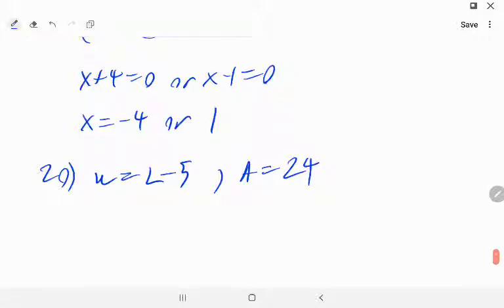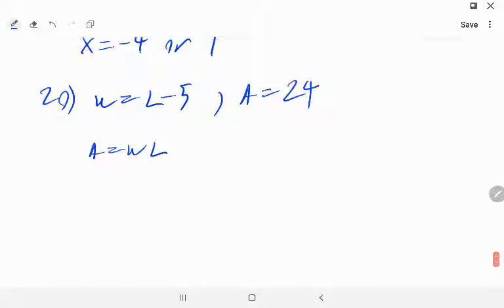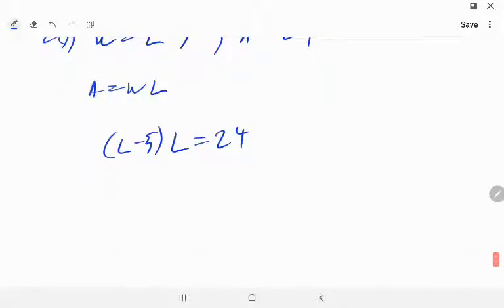We're not getting anything really complicated. And so we know that the area also has to be width times length. So we notice we're looking at when L minus 5 times L equals 24. And so we have to look at when L squared minus 5L equals 24.